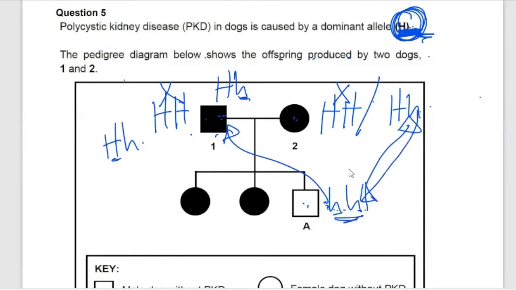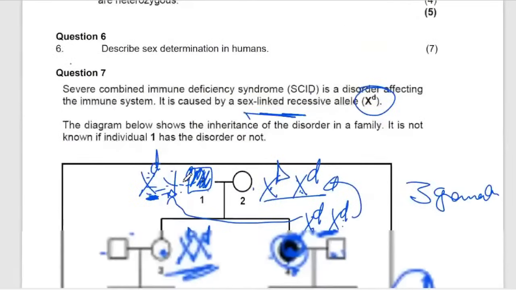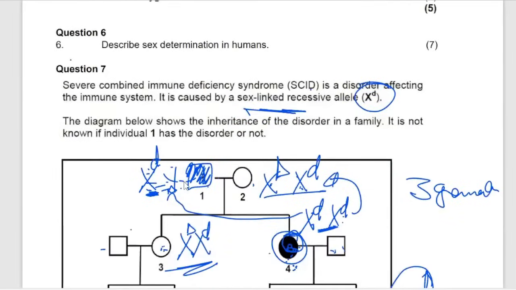When they give you a question and they don't talk about sex linked, please do not use, I repeat, do not use X and Y. Use the letters the way they have given them to you. You only use X and Y if the statement says it is caused by a recessive allele that is sex linked.